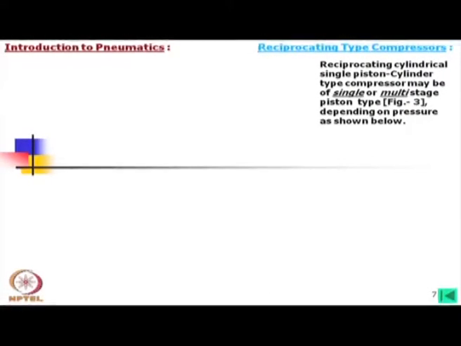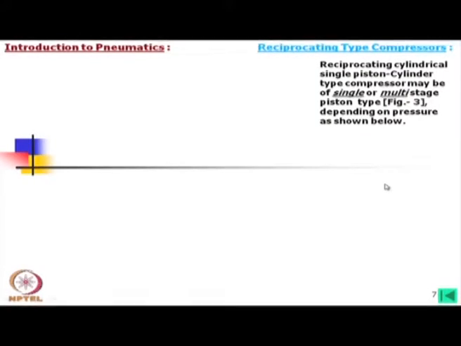Only 2 pistons are being used and they are compressing the air at the same pressure. Whereas you may find 2 pistons that are 2 stage, that means in the first stage one piston is compressing the air and in the second stage the other piston compresses that air.